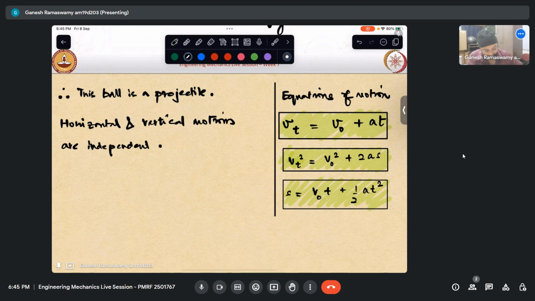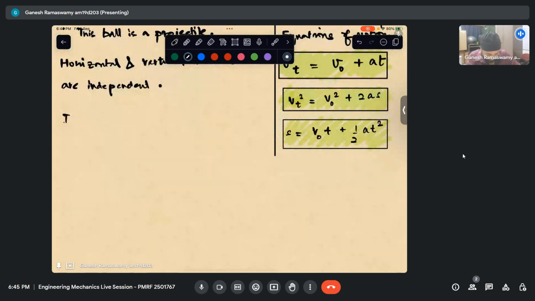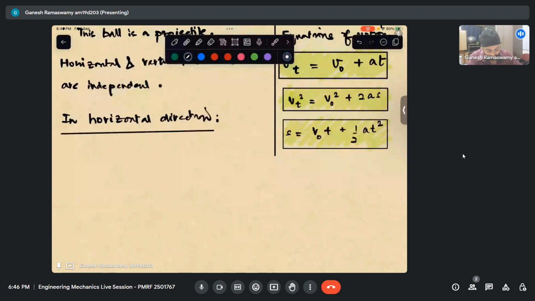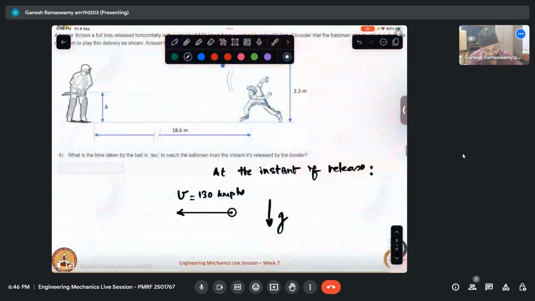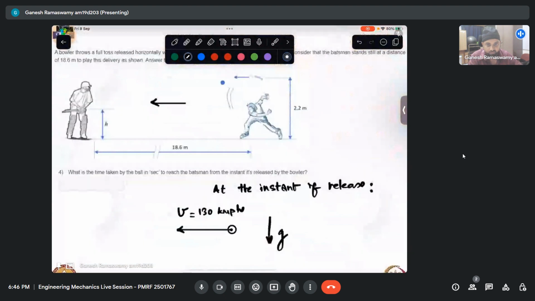So in the horizontal direction, if I take this direction to be positive, and let me take this direction to be positive like that, so this is positive x and let this be positive y.